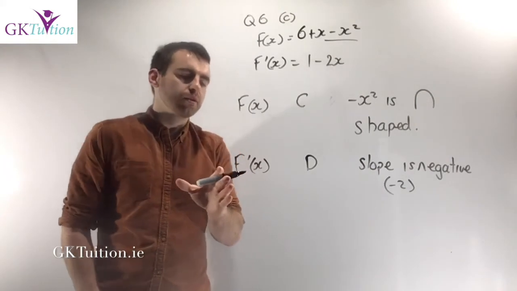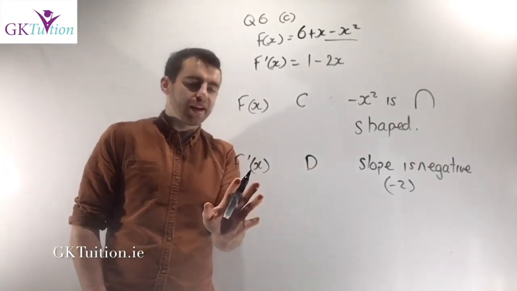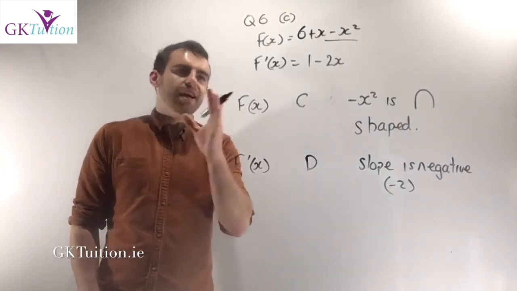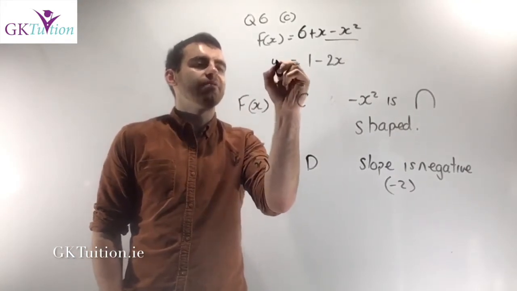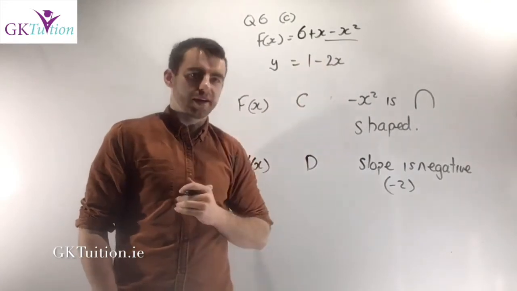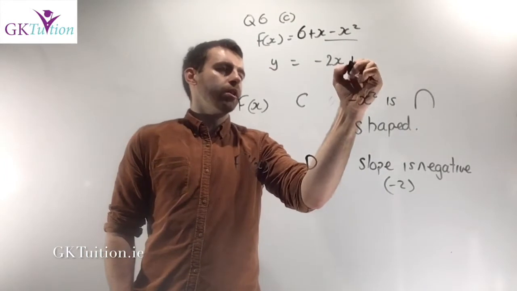And then I can also conclude that the derivative f dash x is d. The reason that f dash x is d is because it has a negative slope. This is exactly like what we did in question 5. I want you to imagine, instead of the f of x, we could use y. This is y equals 1 minus 2x. We could write that as y equals minus 2x plus 1.